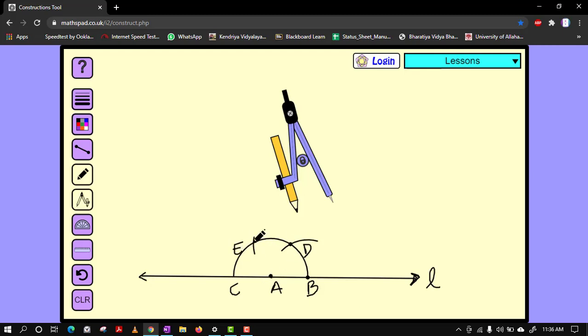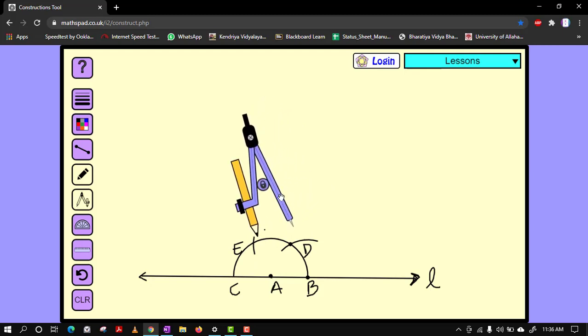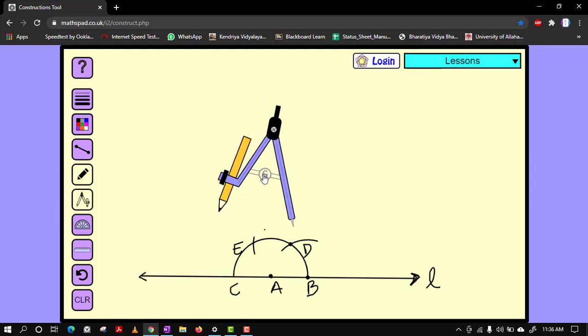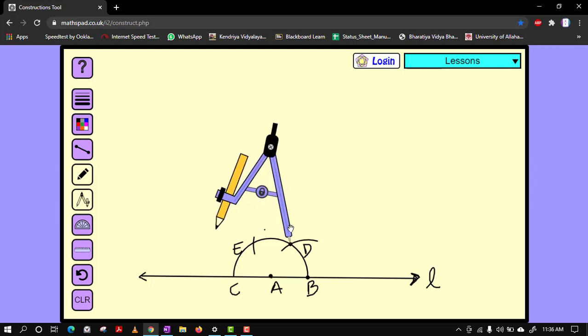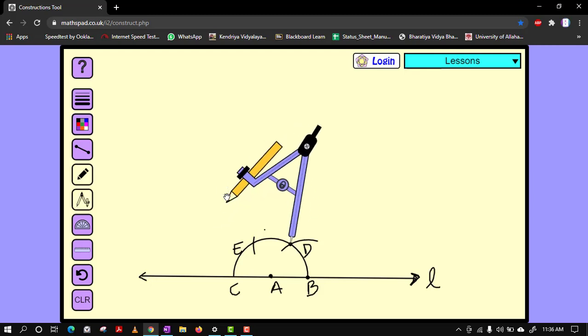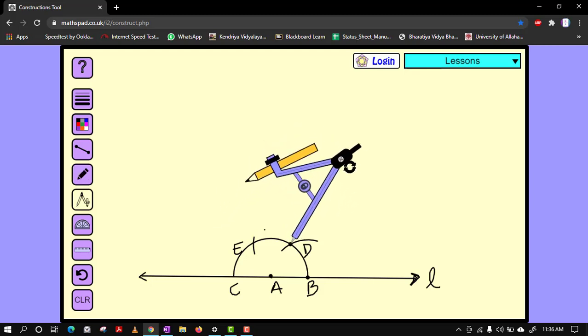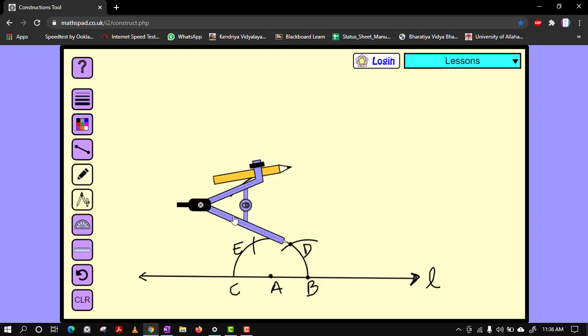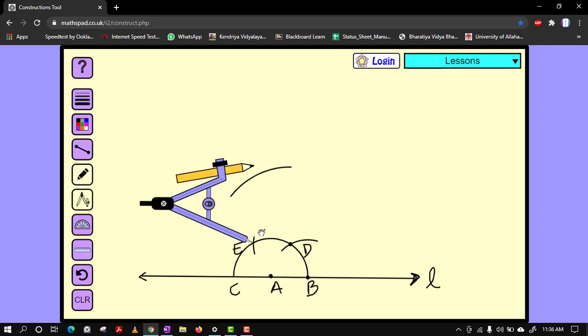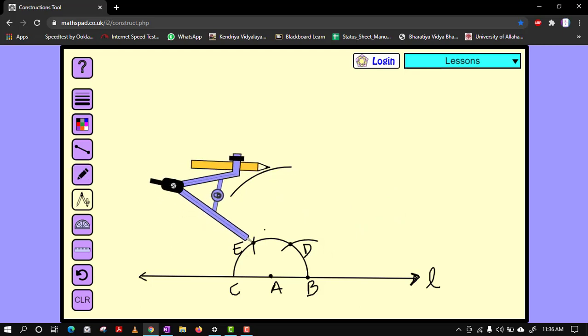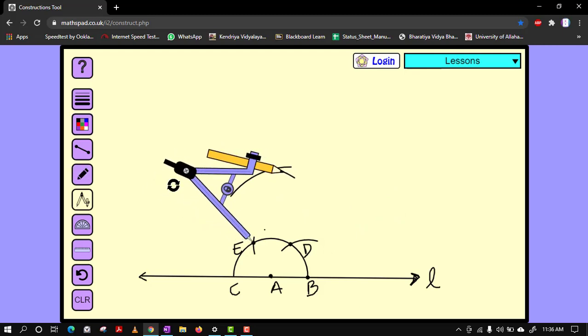Now keeping the compass on point D, we are going to bisect these two angles, 60 and 120. So by keeping the compass on this point D, I will take one more arc like this, and keeping on this point E, I will take one more arc like this.